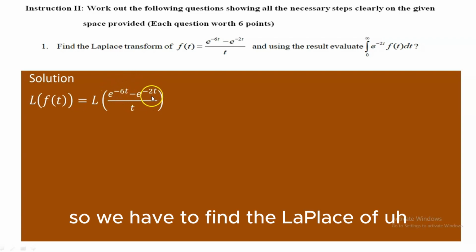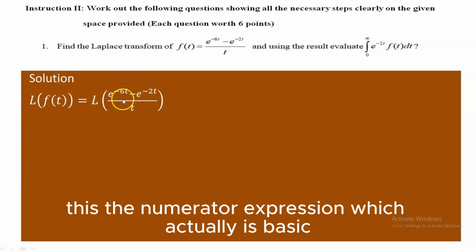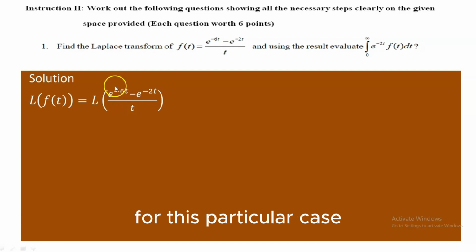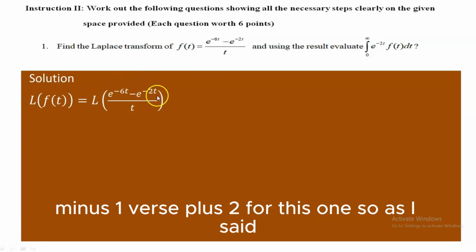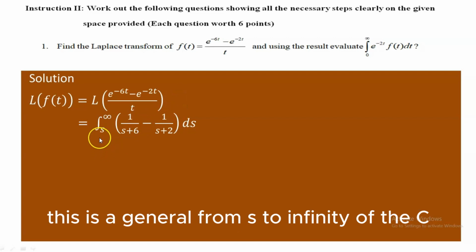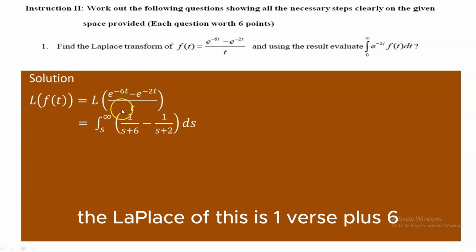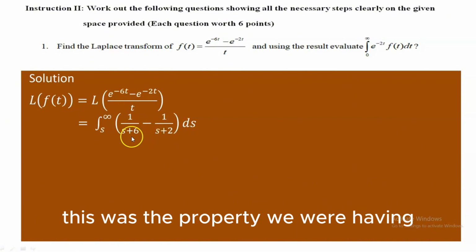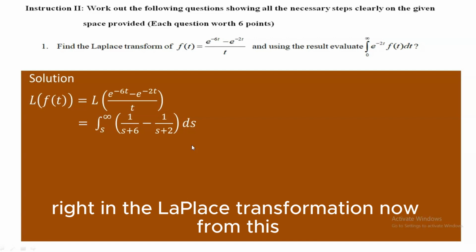So we have to find the Laplace of the numerator expression, which actually is 1 over s plus 6 for this particular case, minus 1 over s plus 2 for this one. So as I said, this is the integral from s to infinity of the Laplace of this, which is 1 over s plus 6, minus the Laplace of this one, which is 1 over s plus 2. This was the property we were having in the Laplace transformation.